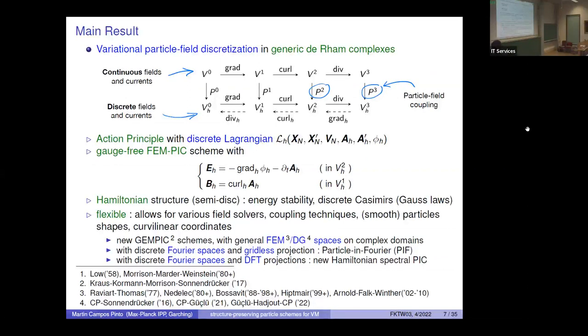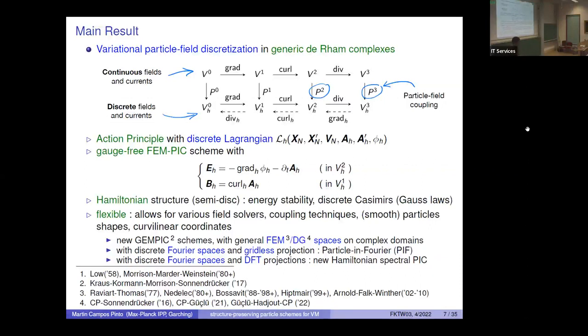Of course, if you consider the divergence of the current density, then you are thinking about the Gauss law. So these two projection operators will be naturally associated with the preservation of the Gauss law. This was already known for a few years.